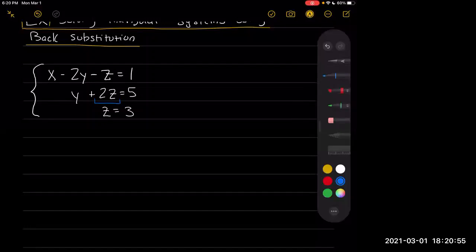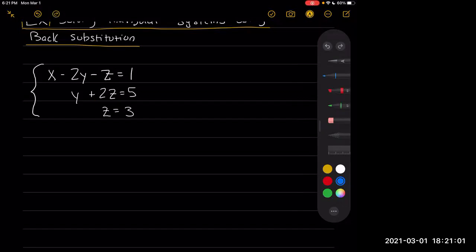You don't have to do this, but it does sometimes help if you're getting confused between your 2's and z's. All right, and then we're going to call this one equation 1, this one equation 2, and this one equation 3. Actually, I meant to make these blue. There we go.